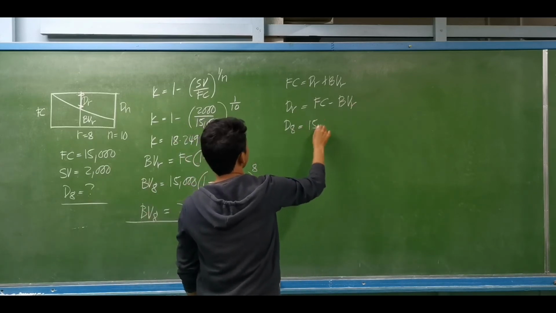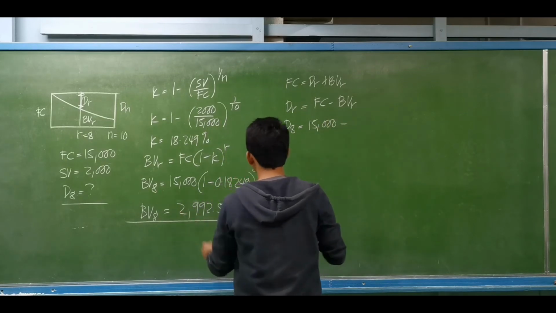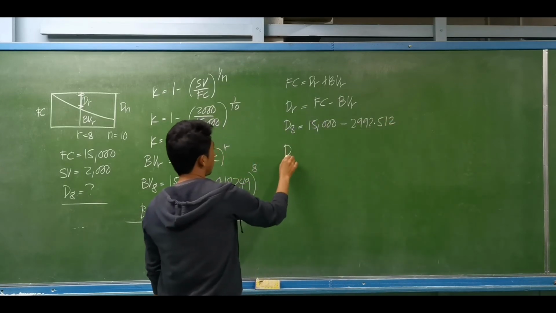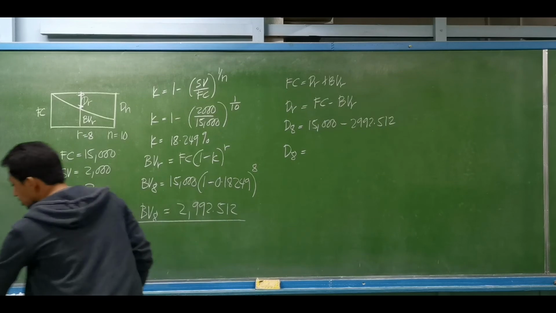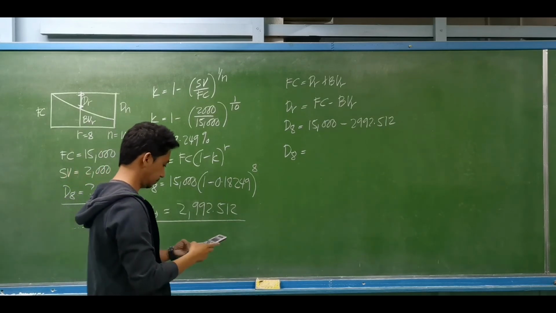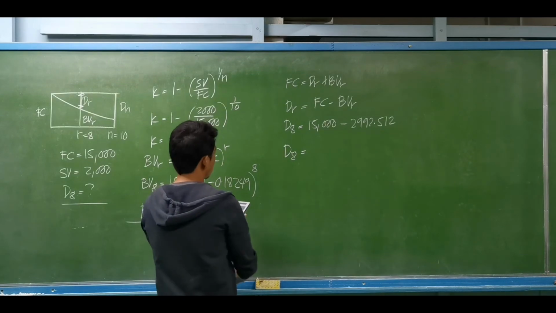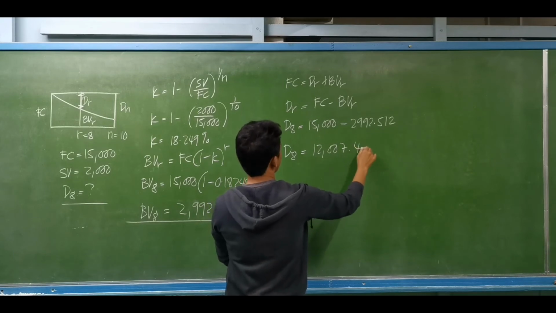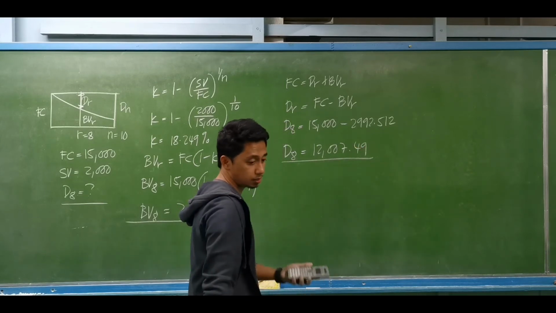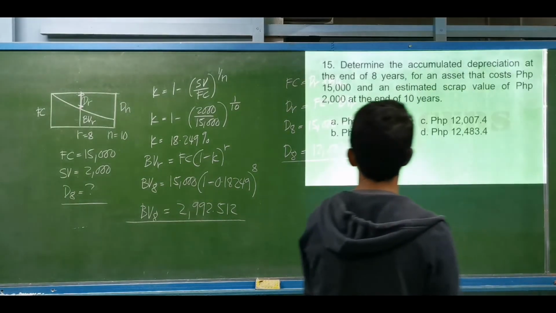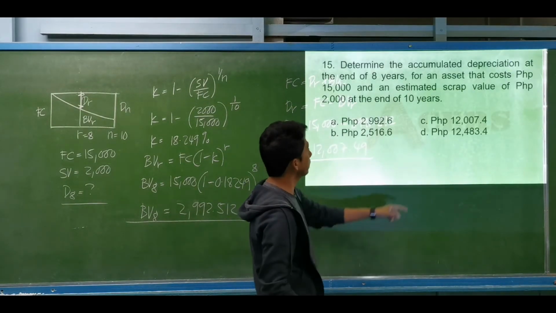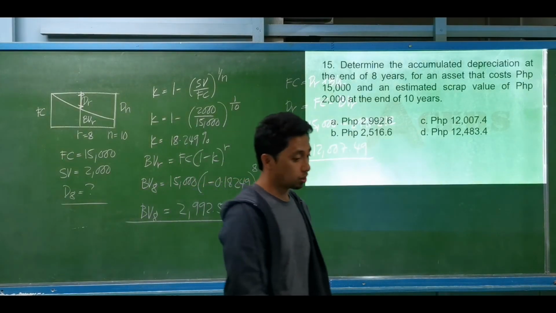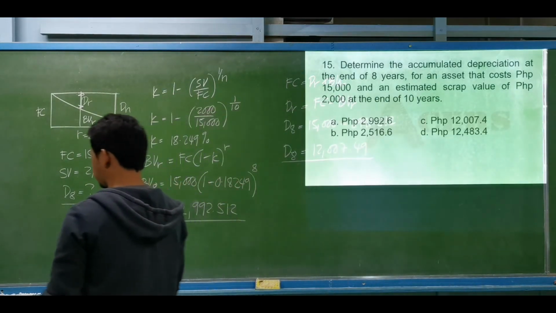Our first cost is 15,000 minus book value after 8 years, 2,992.512. Accumulated depreciation after 8 years is equal to 12,007.49. That will be our answer. So let's check on our choices. 12,007.4, we have letter C. So that is our first solution.